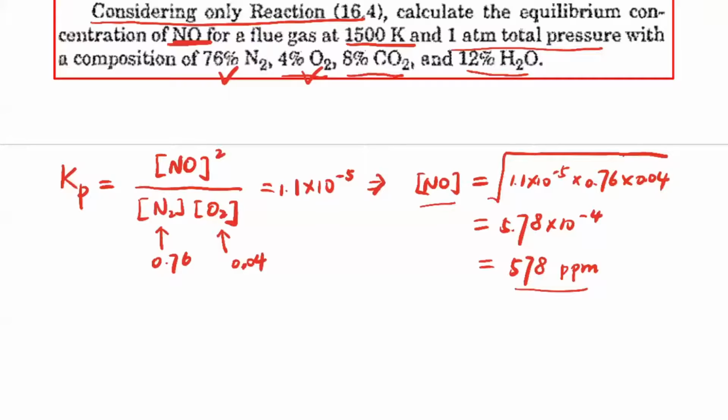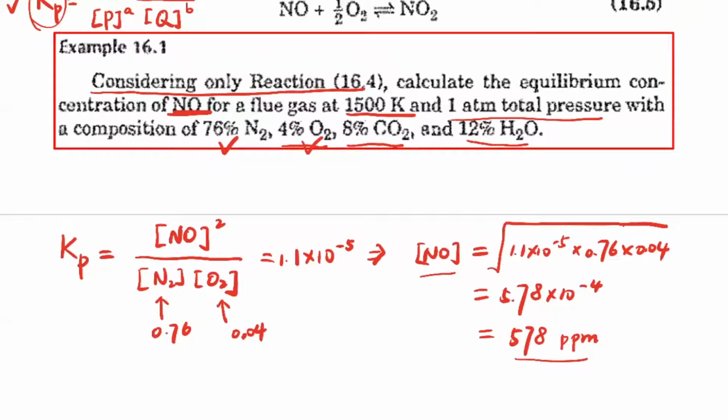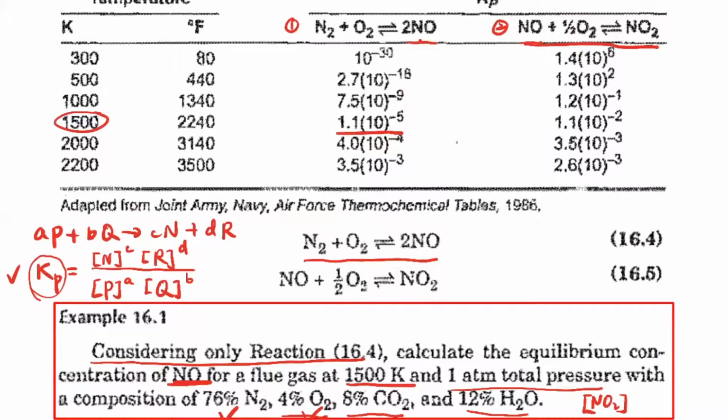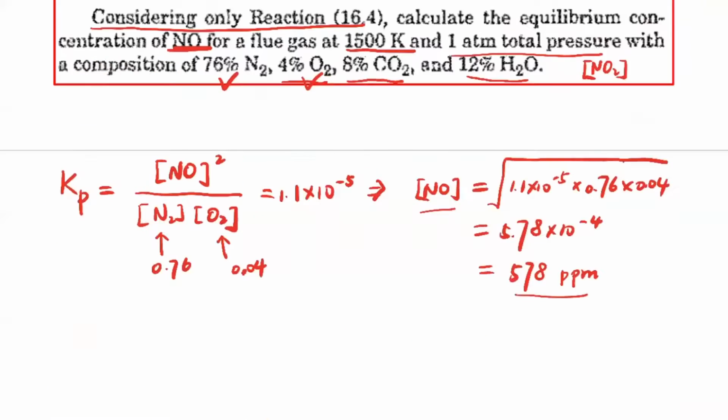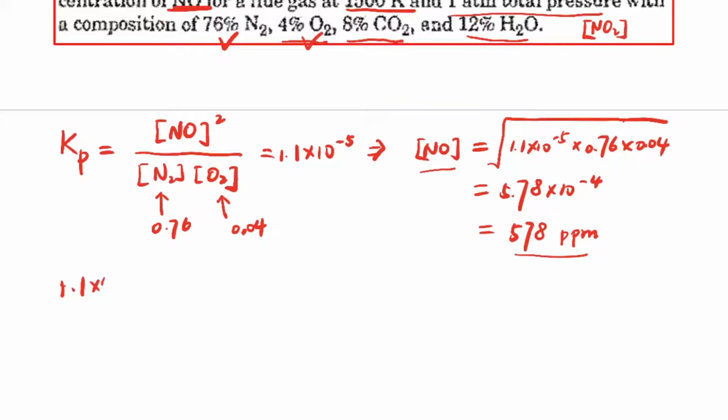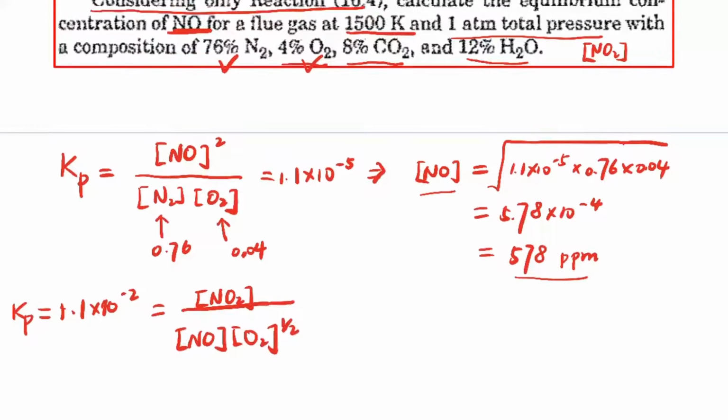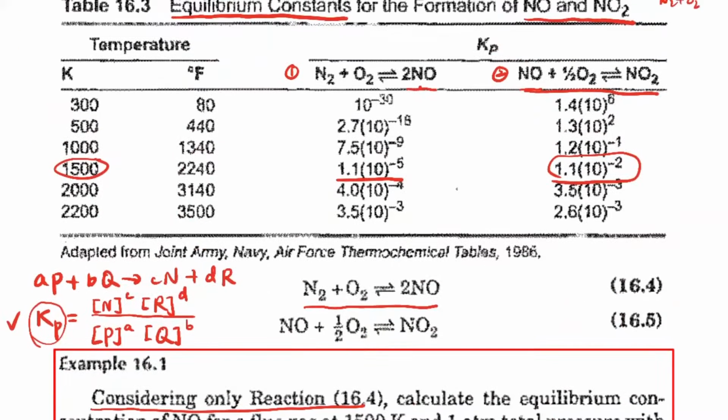Similarly, let's say you're interested in the concentration of the nitrogen dioxide. How do we calculate this? We can further refer to this equilibrium constant, right? Kp is 1.1 multiplied by 10 to the negative 2, and that is equal to the concentration of NO2 divided by the concentration of NO multiplied by the concentration of oxygen to the power of 0.5.